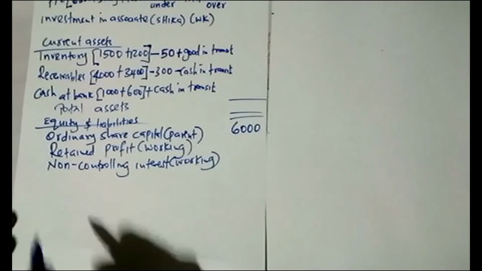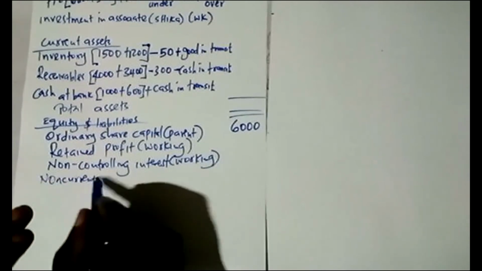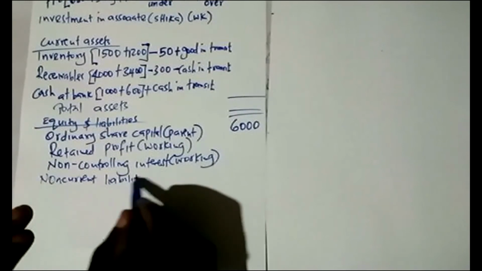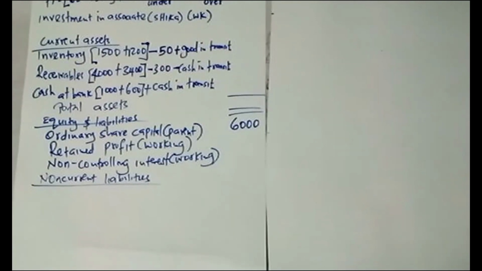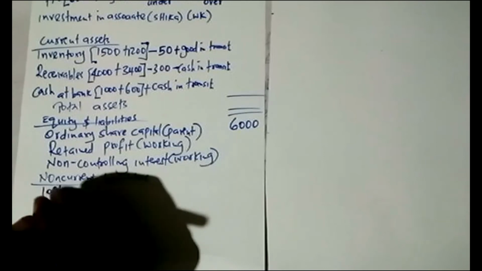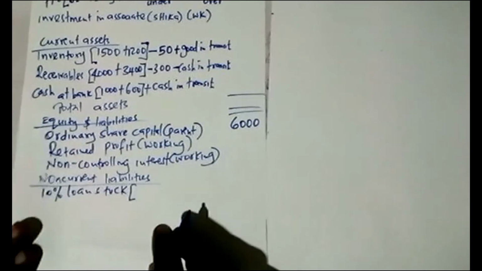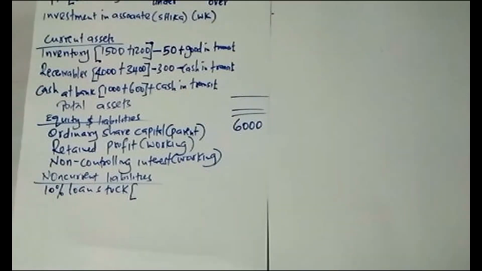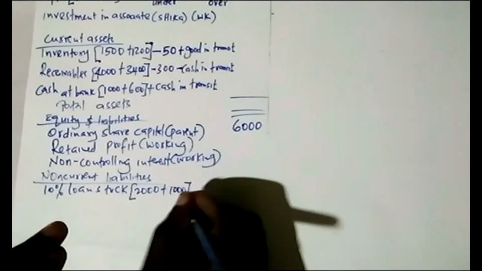Then after that, we move to the non-current liabilities. Under non-current liabilities, what I have is 10% loan stock. So this is more direct. You just add 2,000 and 1,000. So parent plus Shuja, parent plus subsidiary.